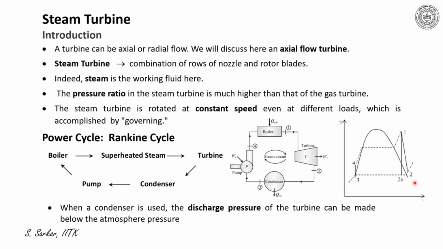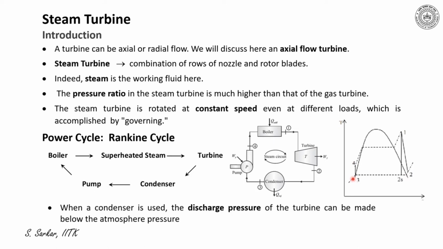That is, 1-2 is the expansion process producing work output, which is used for production of electricity. And then 2-3 is the cooling of exhaust steam in the condenser, rejecting heat to the atmosphere. And this completes the cycle.